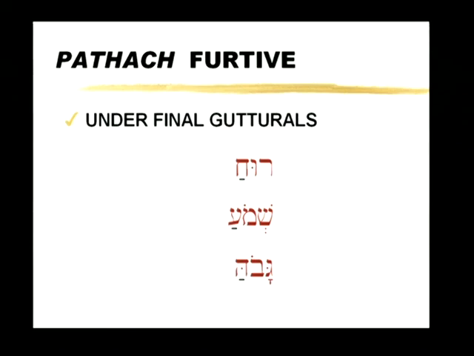It is a half vowel. It's not treated as a regular vowel. It's the pathak furtive. And so it does not receive the accent, and it does not form a syllable by itself, and it's pronounced before that guttural, if the guttural has a sound.